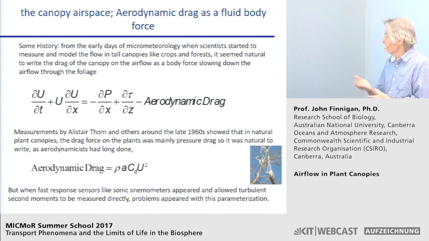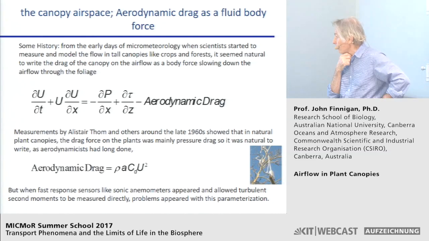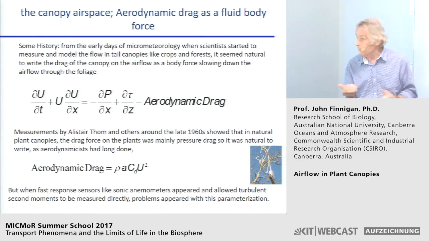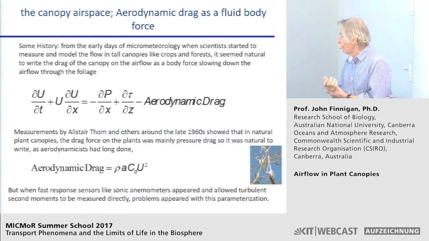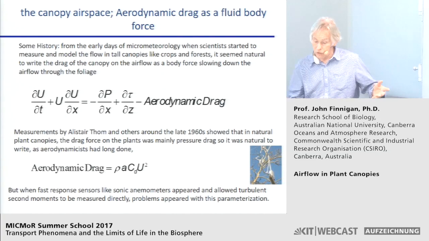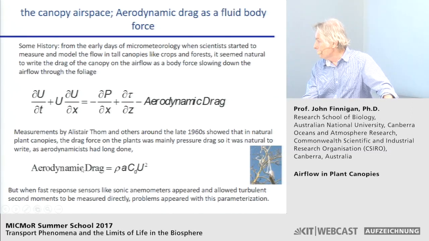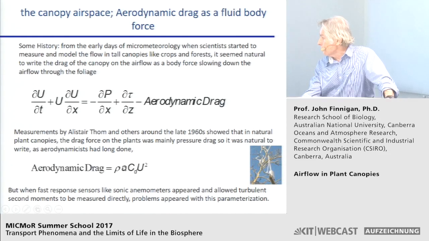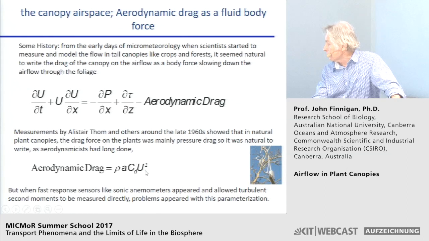Now, Alistair Thom and others, Joe Landsberg and people in the late 60s showed that in natural plant canopies, the drag is mainly pressure drag. So do what we just did, just as the aerodynamicists do, and write the drag force on the air as the density, the leaf area per unit volume, a drag coefficient, square the wind speed.